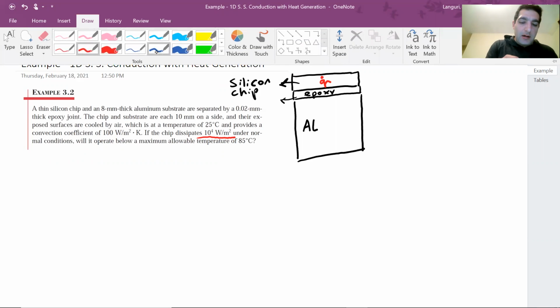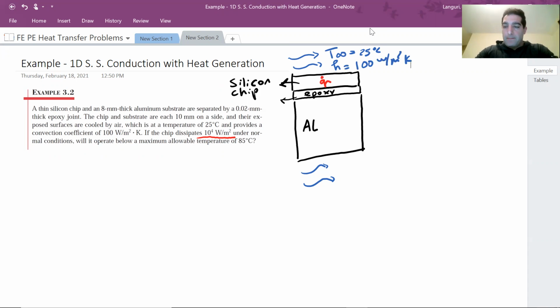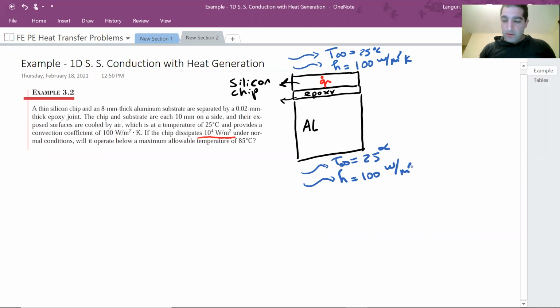And on the sides, we have convection on top and bottom of the setup, where temperature of the air is 25 and heat transfer coefficient is 100. Same thing at the bottom, air temperature 25 and heat transfer coefficient 100 watt per meter square Kelvin.